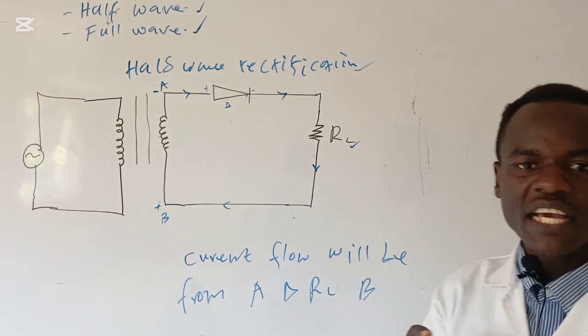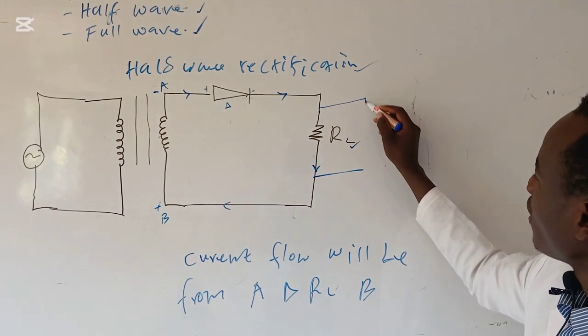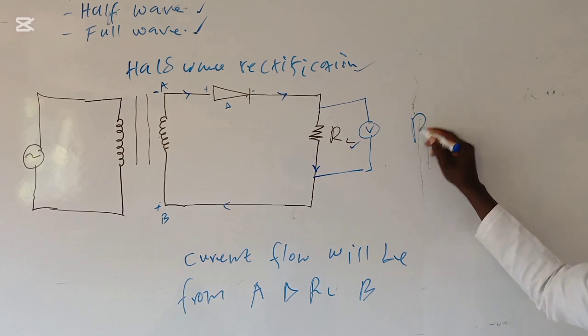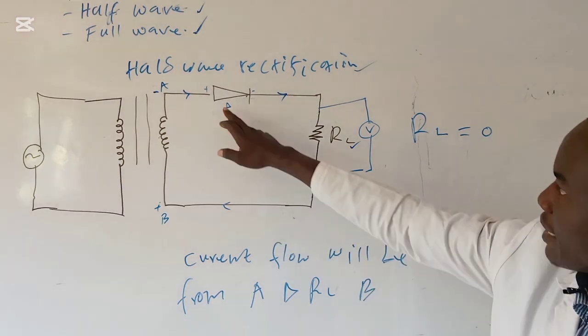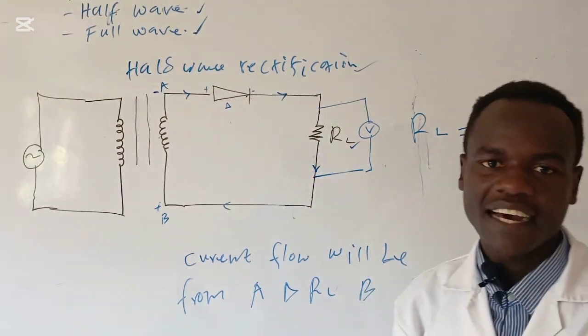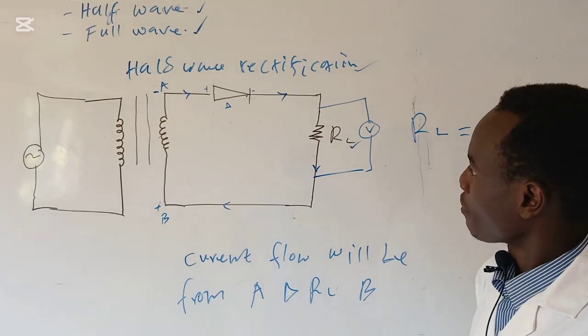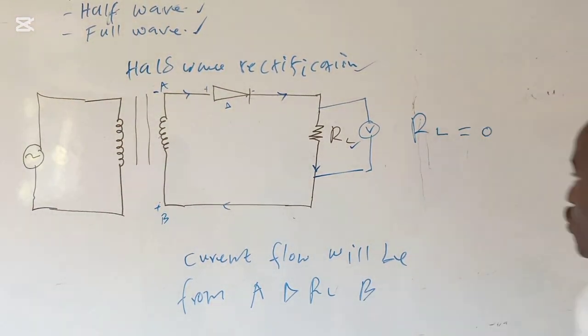If we measure the potential difference across our load resistor with a voltmeter here, we realize that it is 0 because the diode is in reverse biasing. That is reverse biasing. Now, let us look at the full wave rectification.